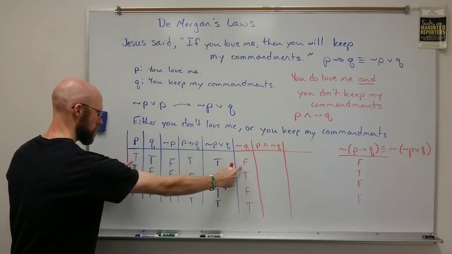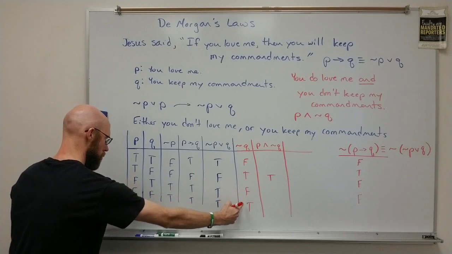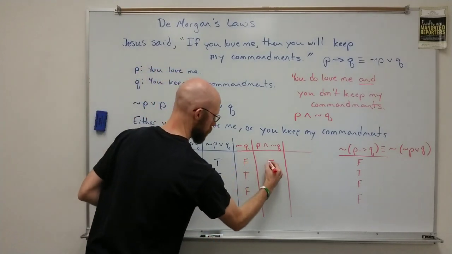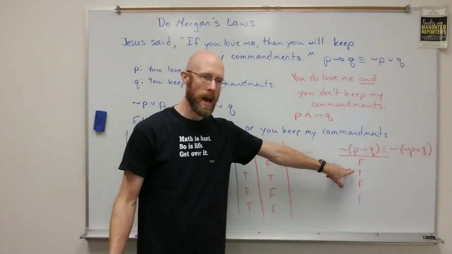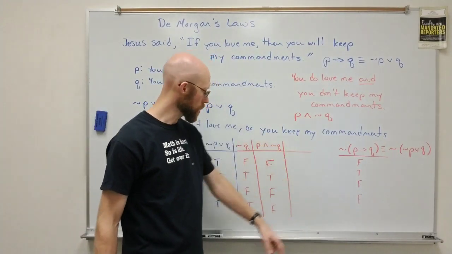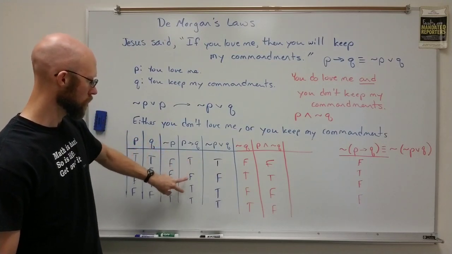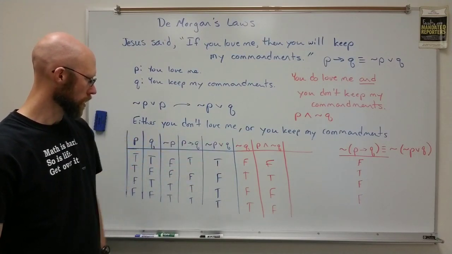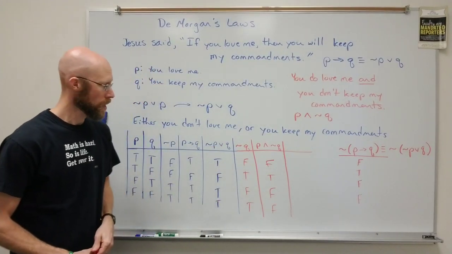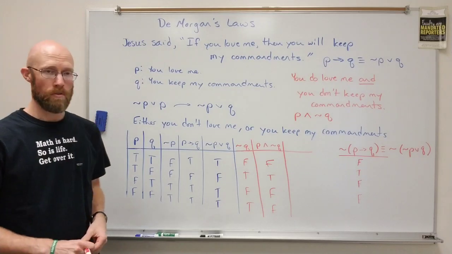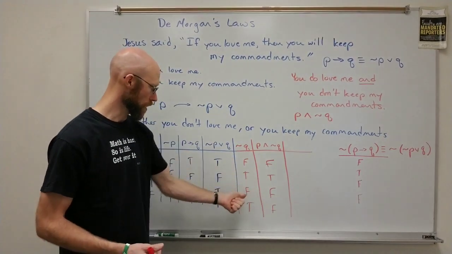I've got a false there. I don't have a false there, so that's true. I have a false, I have a false. So it's going to be false, true, false, false. And of course it does match the one we just created, which is the negation of these two, right? The conditional and the disjunction.